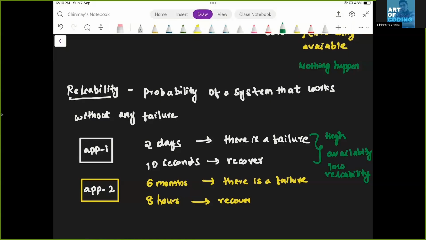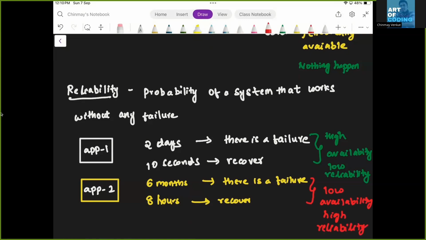In the case of application 2, it has low availability and high reliability.